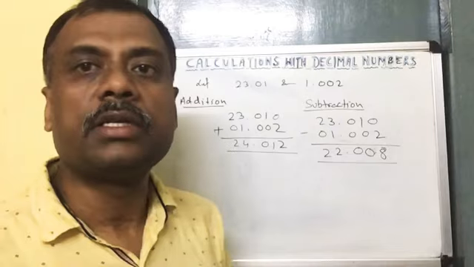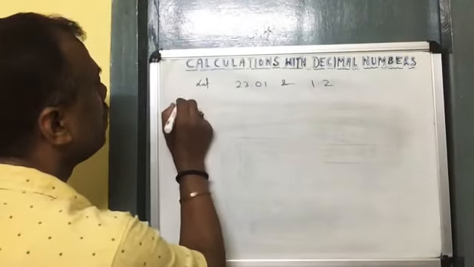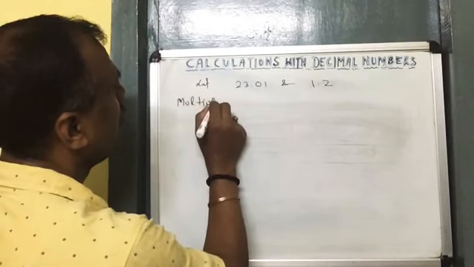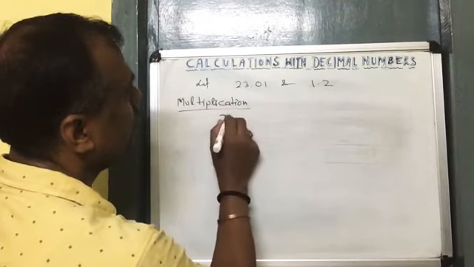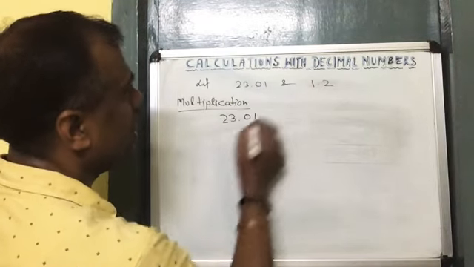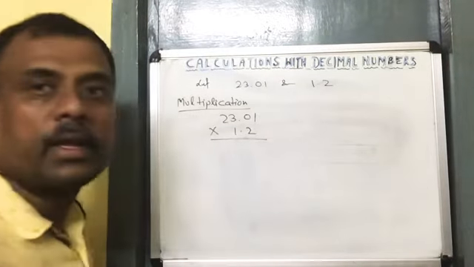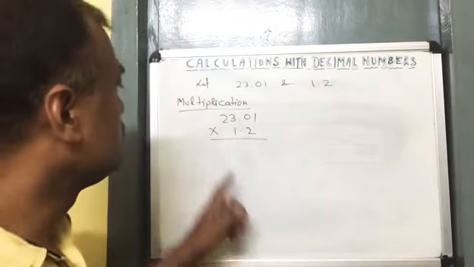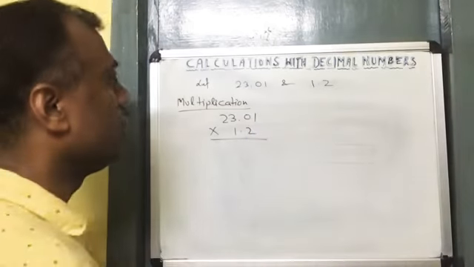But my concern is the multiplication. For multiplication, what do we do? We write 23.01 and we write this 1.2 and we multiply. In that case, after multiplying and considering the points, we put the point.